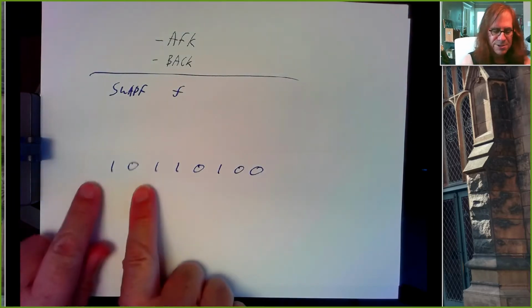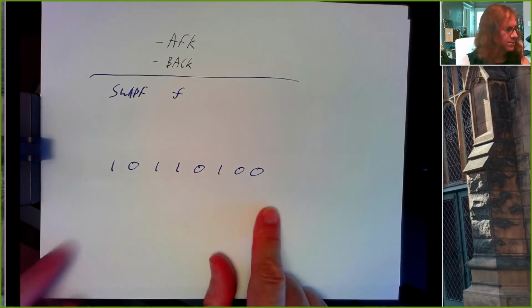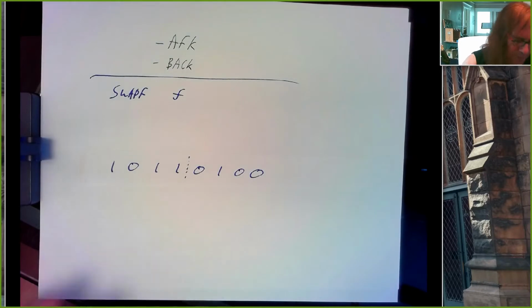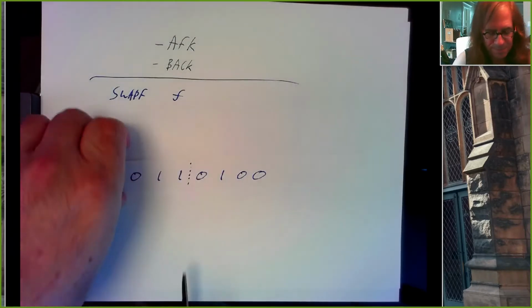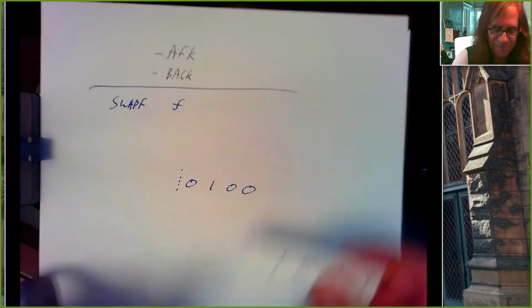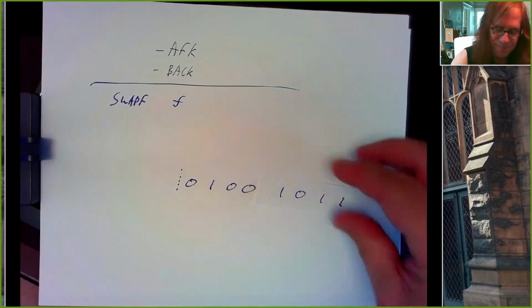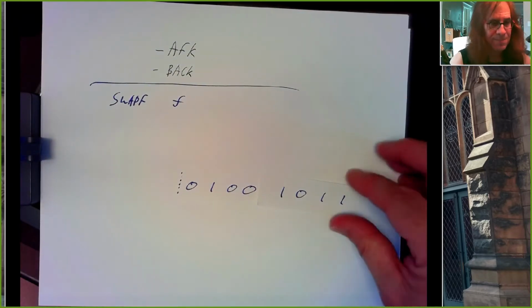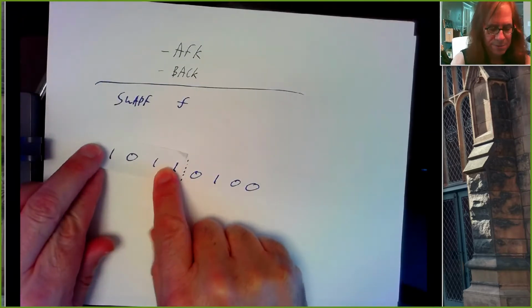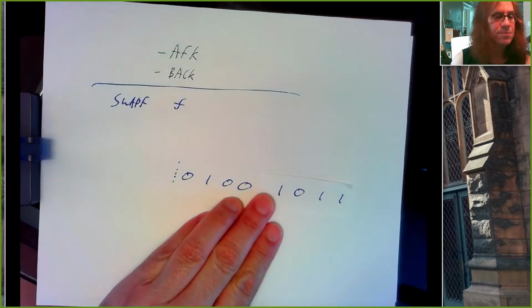All right, so there's 8 bits in my file register. Here's what swapf does. It breaks it down the middle, cuts it in half, and it takes what was on the left and puts it on the right. So it changes this 8-bit number into this 8-bit number.